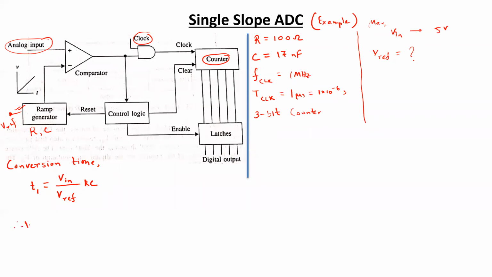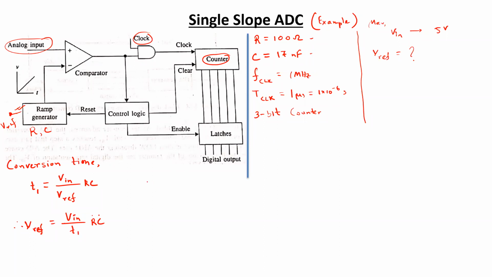So let us write it in terms of the reference voltage. Okay, so using this formula, we have to determine the reference voltage. For that, the values of R and C are already known to us. Now, what should be the value of V in and T1 that we should consider?